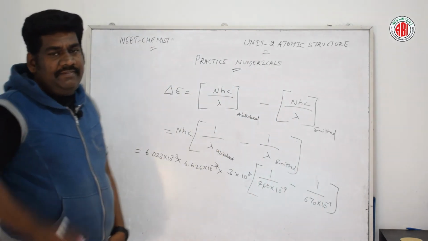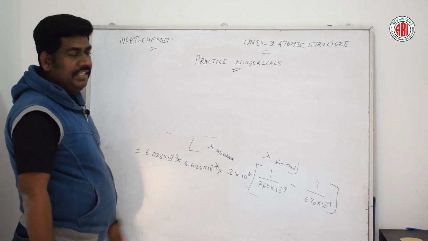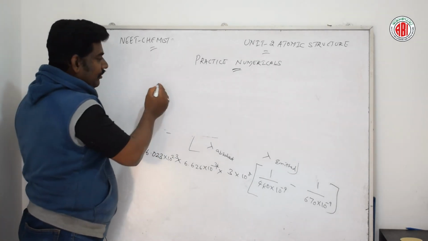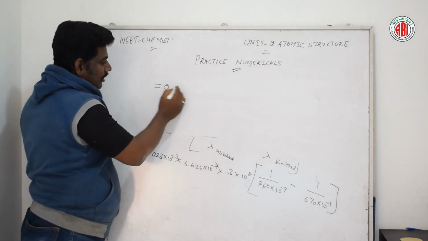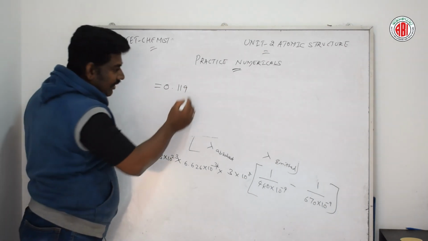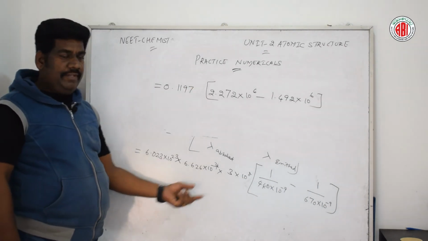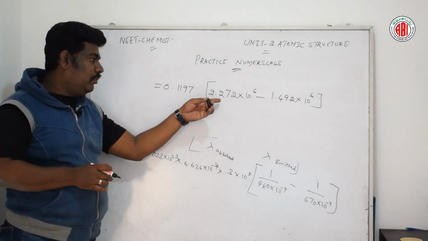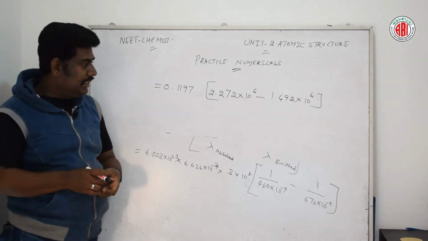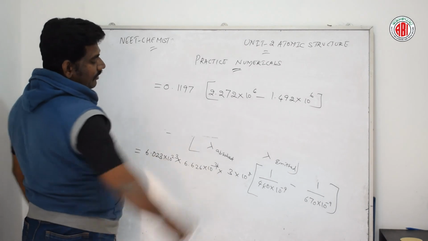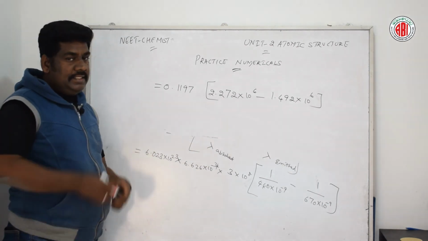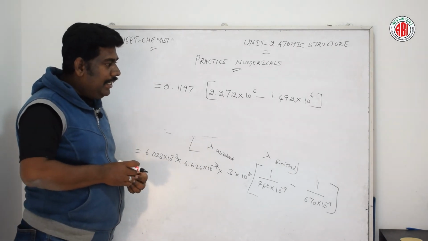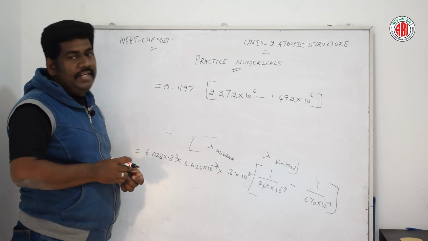These two terms we are going to find. Simplifying this, we get 0.1197 into 2.272 into 10 to the power of 6 for the absorbed value, minus the emitted value, 1.492 into 10 to the power of 6.